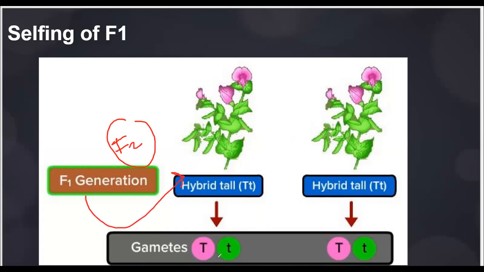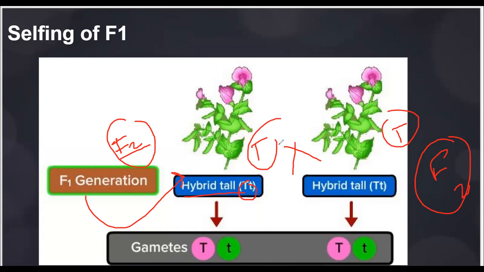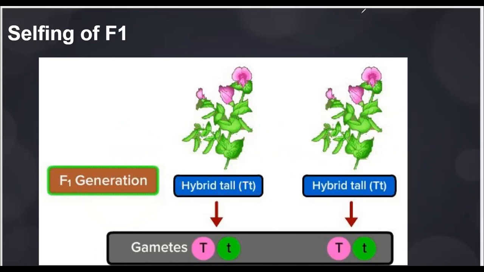So both the parents for F2 generation will be hybrid tall. They will have one capital T, small t type of gene and they will be tall in the phenotype. You will take the parents from the F1 generation only for carrying out the F2 cross.